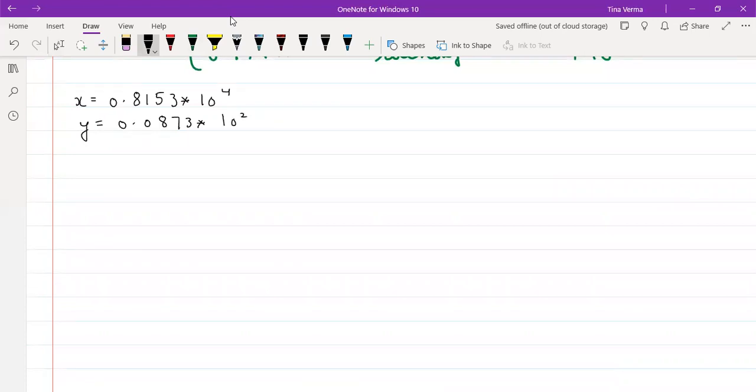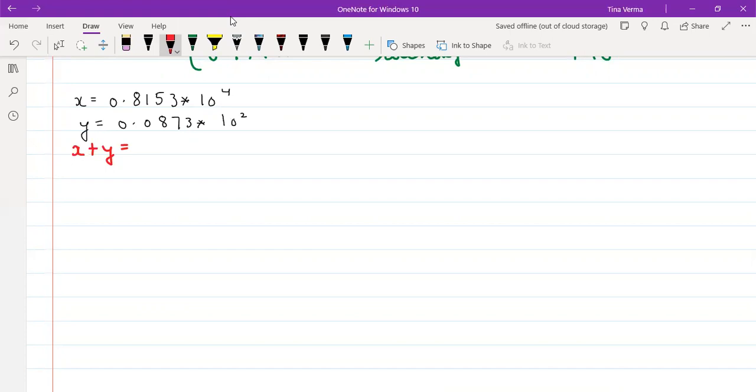When you have to do the arithmetic operations, when you have to do x plus y, now I'm not talking about the approximation, right? I'm not considering any approximation that you can store in the computer. I'm talking about the exact value, right? So how can you add this?